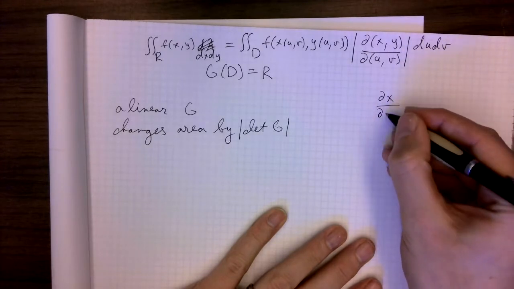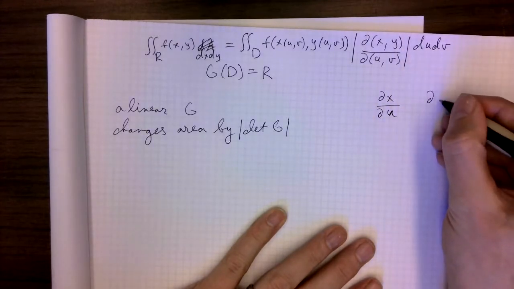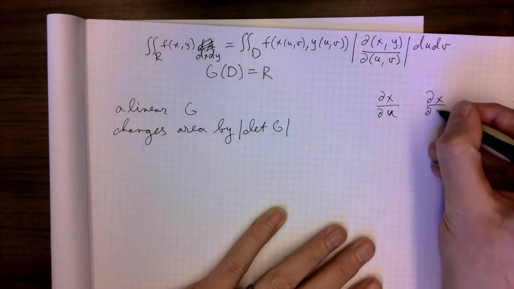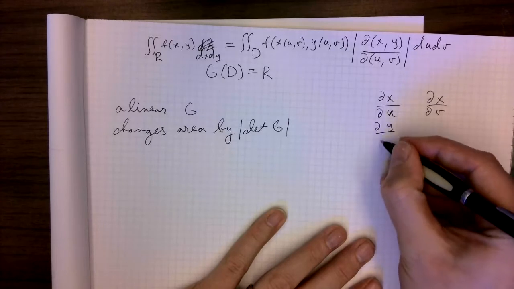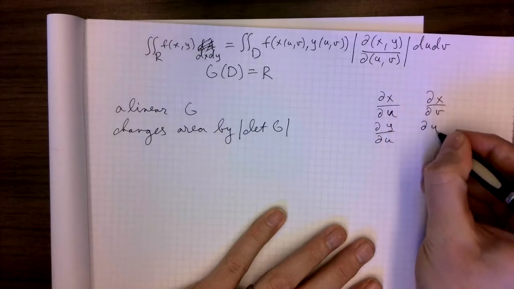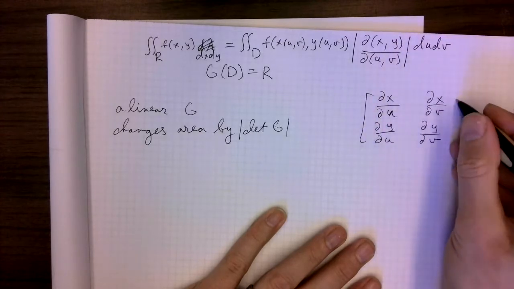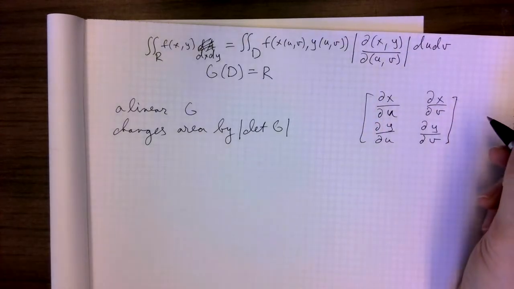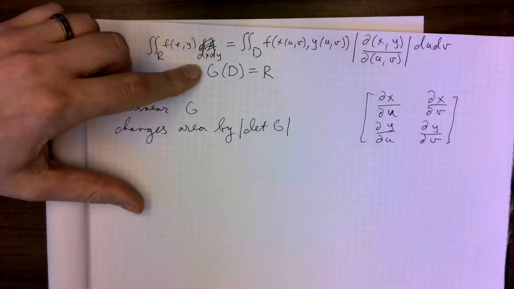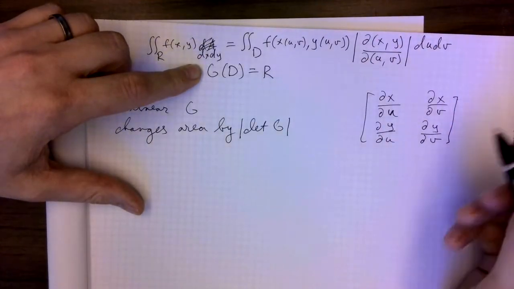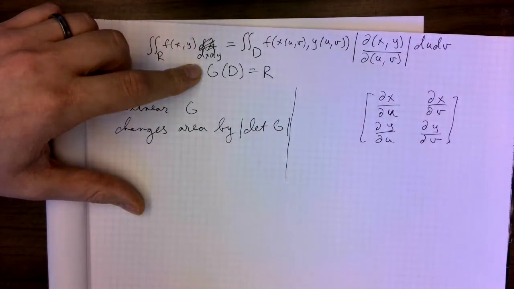It's this matrix: dx du, dx dv, dy du, dy dv. That's really the derivative of this g.